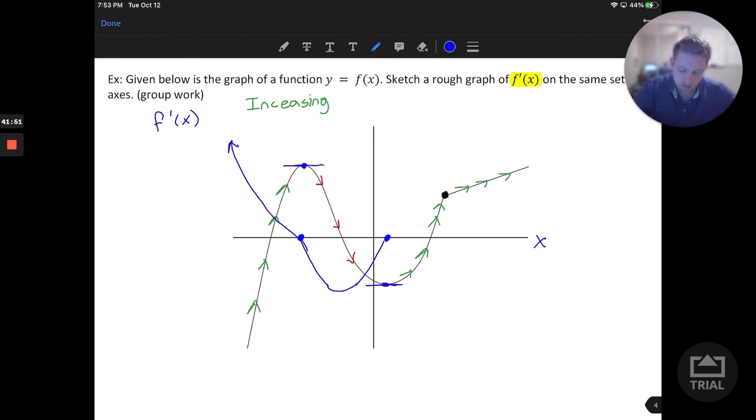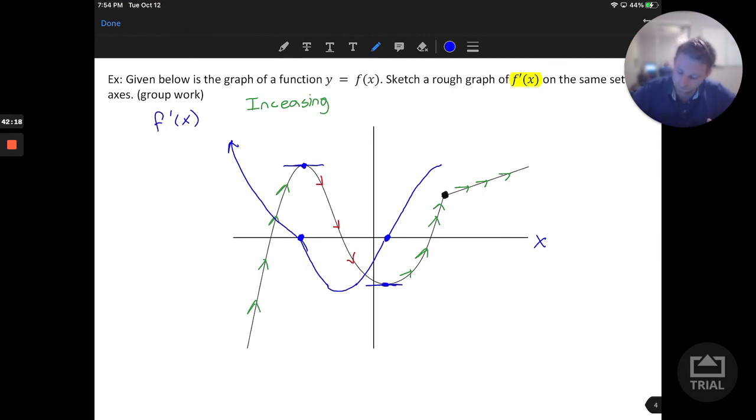And then we'll be increasing up until the x value, somewhere in here, where we have that sharp point. So at a sharp point, we actually do not have the ability to draw a tangent line. So we do not have a derivative.